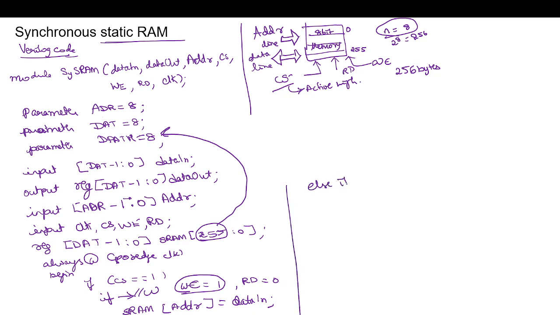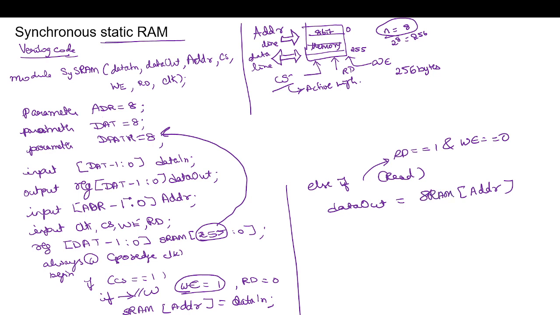Else, if it is read operation, that means my RD equal to 1 and WE is equal to 0, then to the data out, whichever is in this address from SRAM will be output. So with this will be end module. So this will be the static SRAM Verilog code.